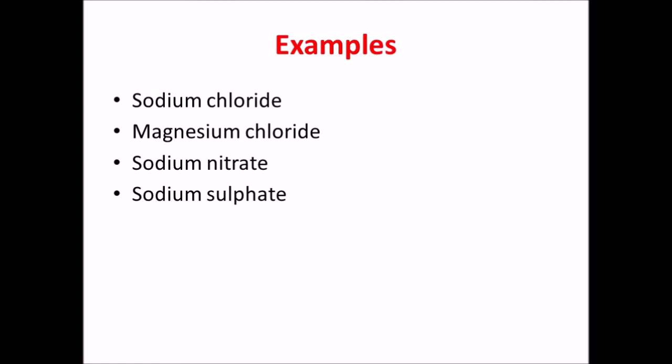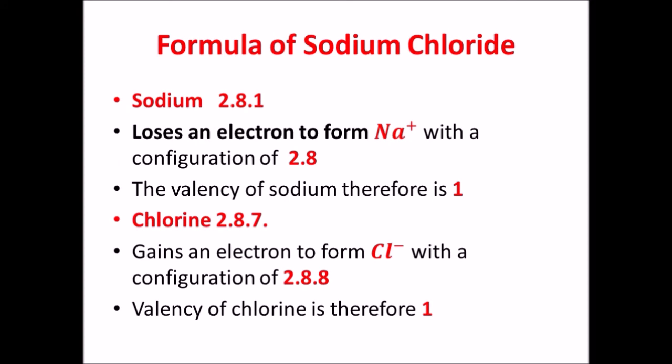Let's look at examples of sodium chloride and magnesium chloride. Starting with sodium chloride. Sodium has valency 1. Chlorine also has a valency of 1. How therefore do they combine to form sodium chloride?